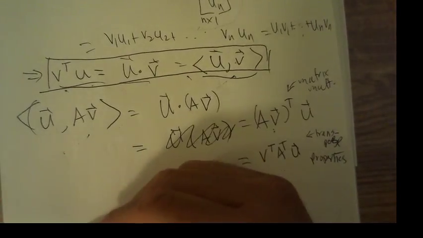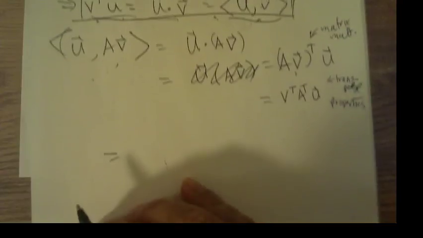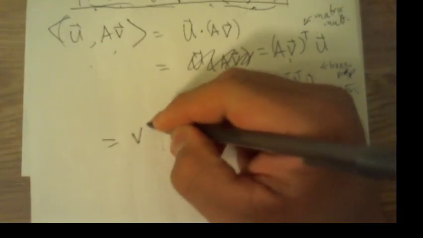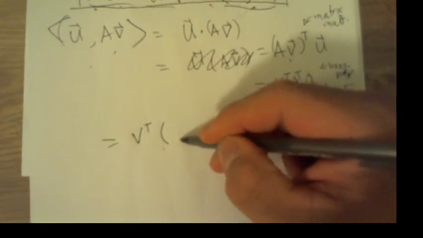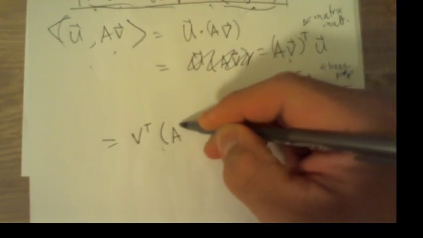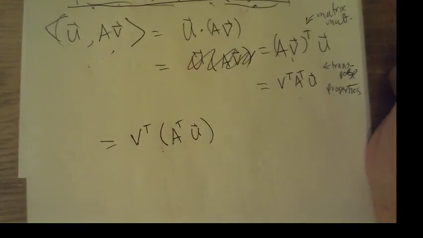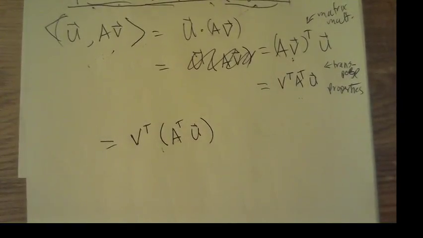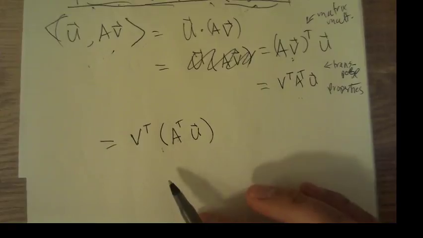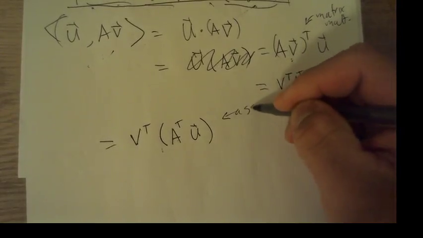Okay, and now what we can do here is we could say, all right, what if I define this. Okay, and again, I just did an association here.